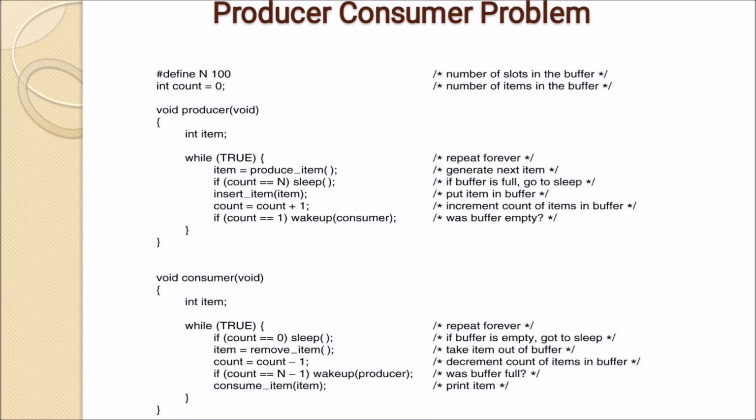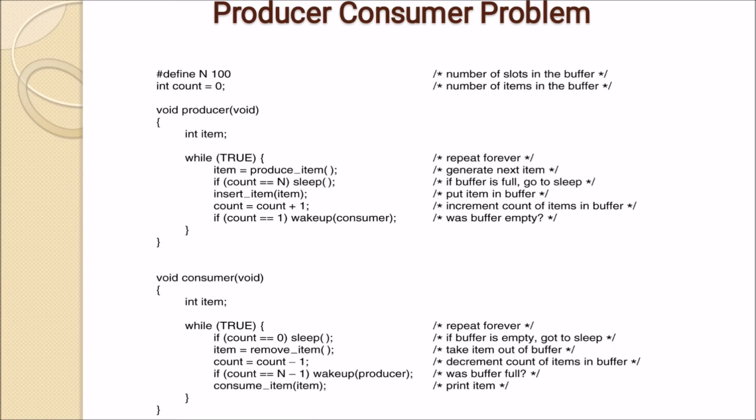Similarly for the consumer, whenever the buffer is empty, it goes to sleep. Whenever the producer puts something into the buffer, it wakes up the consumer. So let us understand this problem.